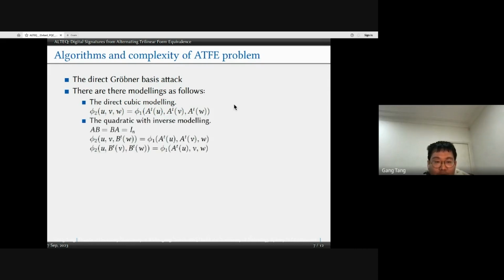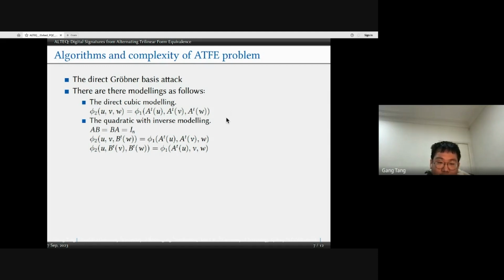The next one is the quadratic with inverse modeling. We will create a new matrix B as the inverse of A, and in this modeling we will add a few more equations like AB equals BA equals identity, and then we will set more equations like this.